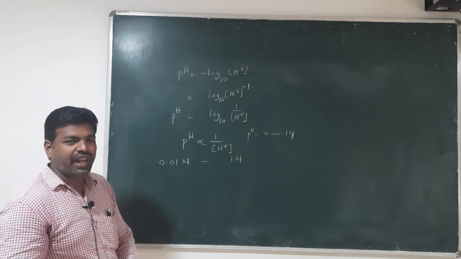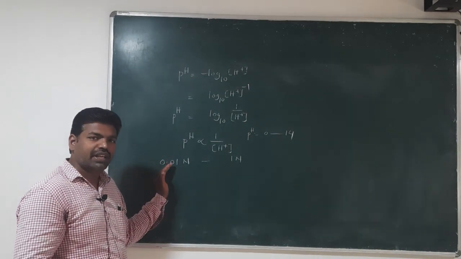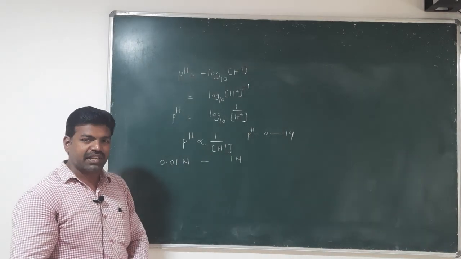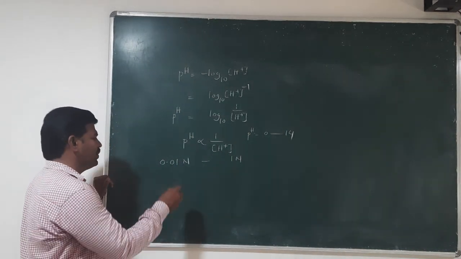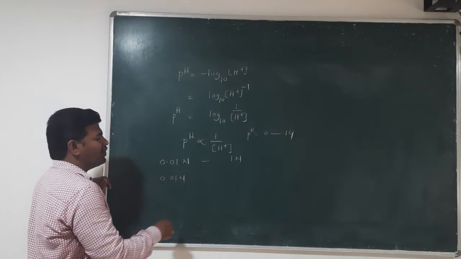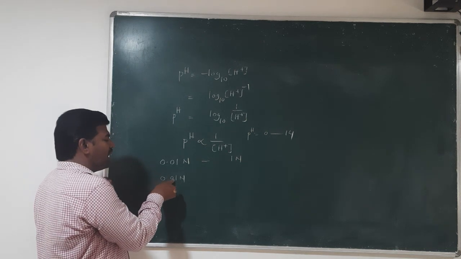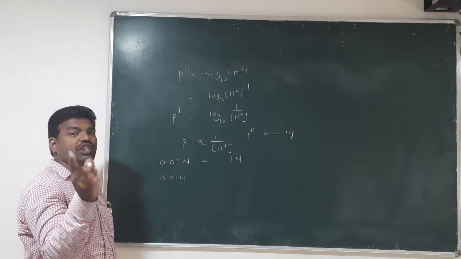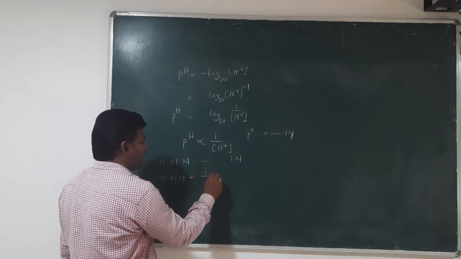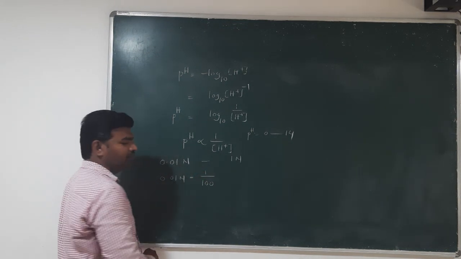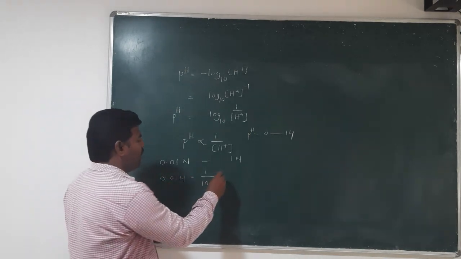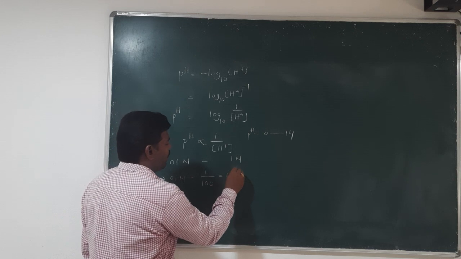We know that 0.01 normal means 0.01 normal concentration of H plus ions. This can be written as 1 by 100, that gives 0.01, and 1 by 100 can be written as 10 power minus 2.